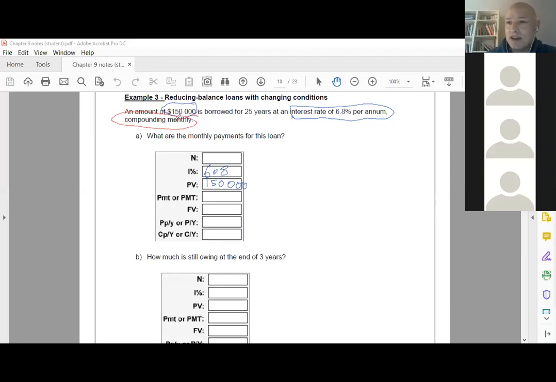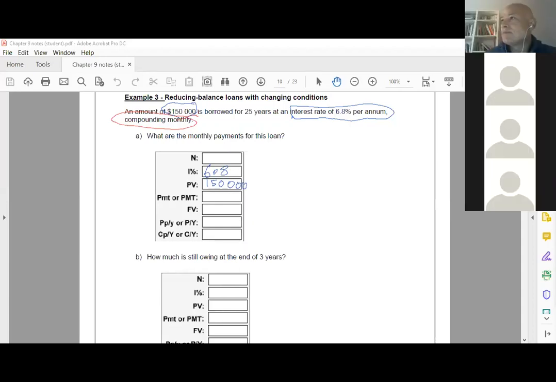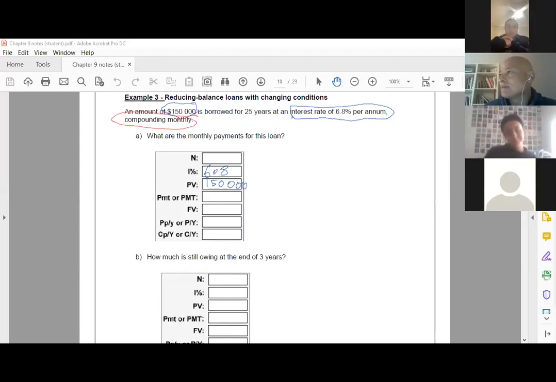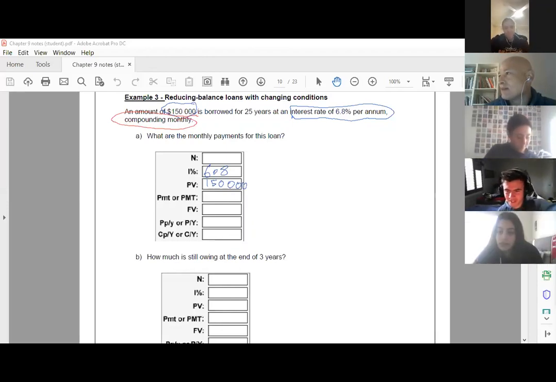So what I'm going to do now is move my photos across so I can see everyone and not be in the picture. And can everyone turn their camera on? You won't be recorded because I've got it on another screen. Well, a few people still haven't turned their camera on.